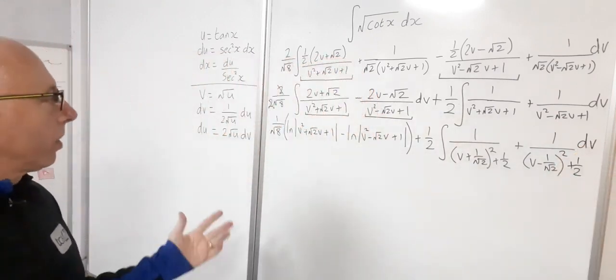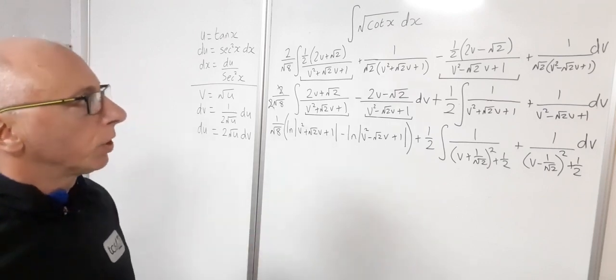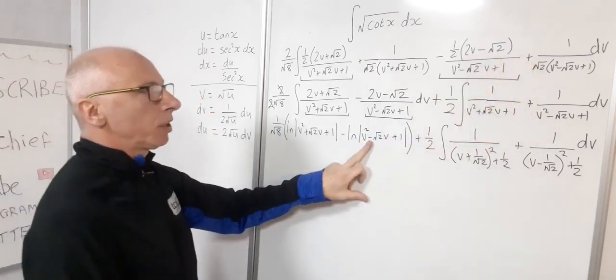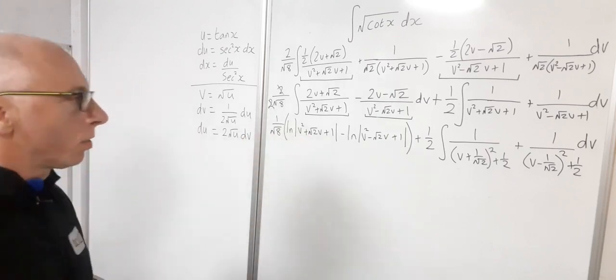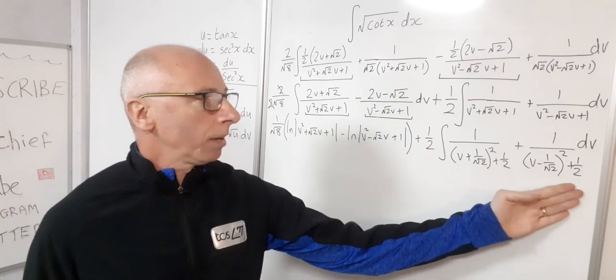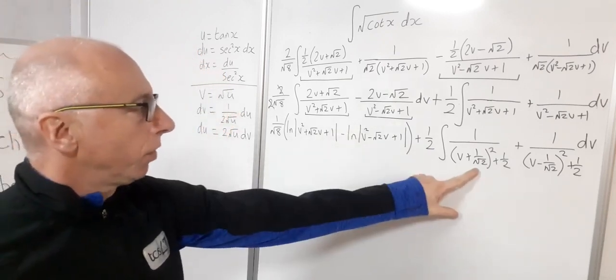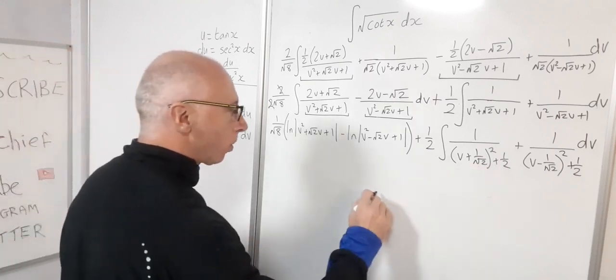Okay, so you can see this integral here. Be careful with minus signs here and there, it's really important. We had this one here which we could have left as a minus, and luckily I spotted this one from this one because we got the plus here. Very easy to get confused. Okay, so part of our answer, and now we're looking almost at the inverse tangent here, but we've got this v + 1 over root 2. So let's just have a look at that when we square it.